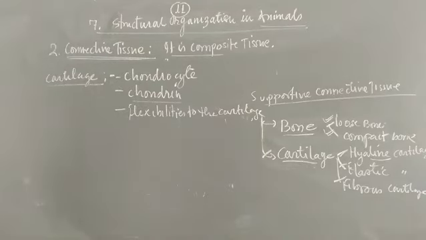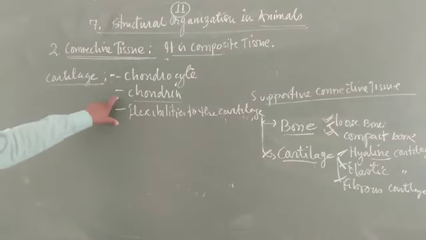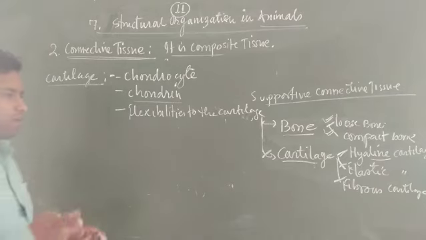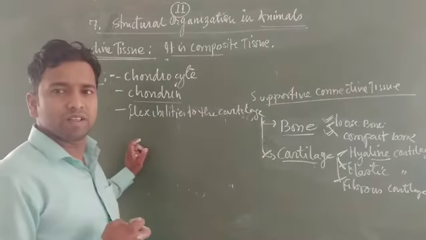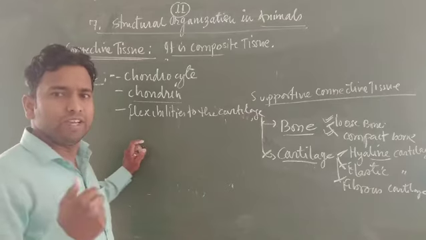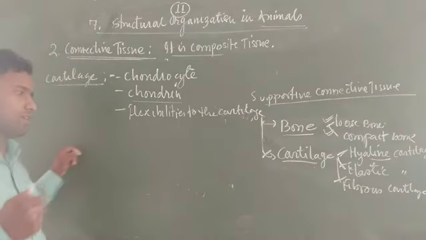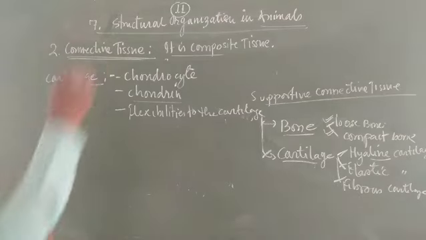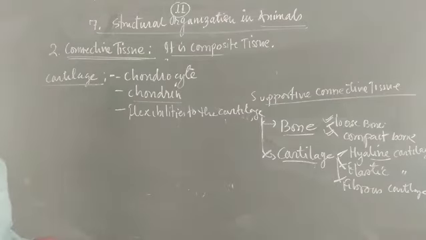This chondrine does not provide extra toughness to the cartilage, it provides only flexibility. In which body part is cartilage found? It is found in some body parts like the trachea of humans, as well as in the ear. The ear also has cartilage, that is a flexible part, but it is a supportive framework. It also works as a supportive framework to the body.